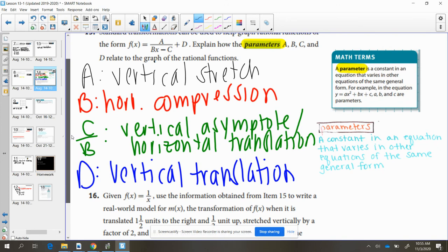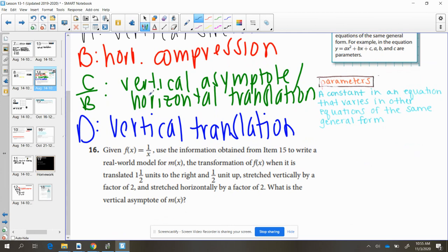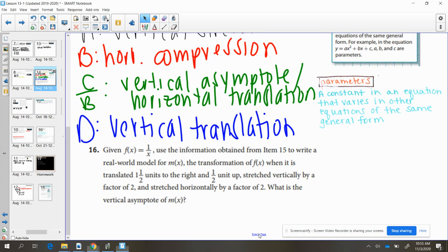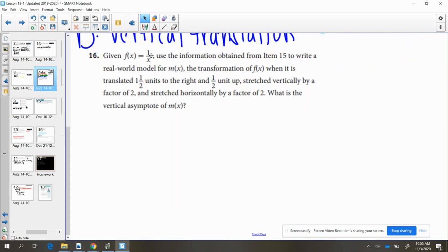So if we look at this last example here on page 16, it's asking us to go backwards in that we're going to look to write the function based on this information of how we can transform the original graph here. So if we're reading through and we want to create this new function m of x, first thing that we see is it is translated 1 1/2 units to the right.